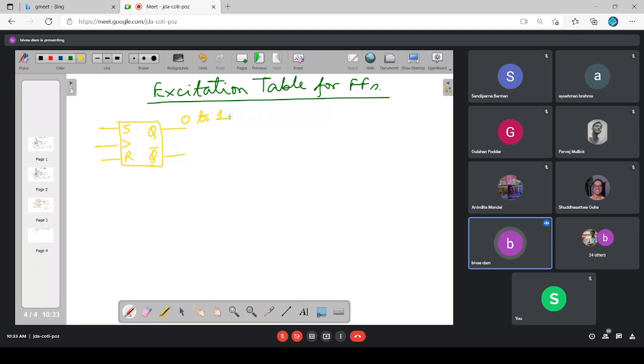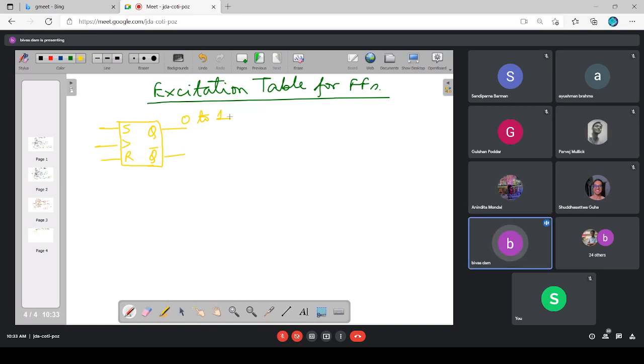Say the output has to ensure a state change from logic 0 to logic 1. To initiate that state change, what type of input do I have to provide? That is given by the excitation table. How many different types of state changes may occur? Two. So 0 to 1 and 1 to 0.